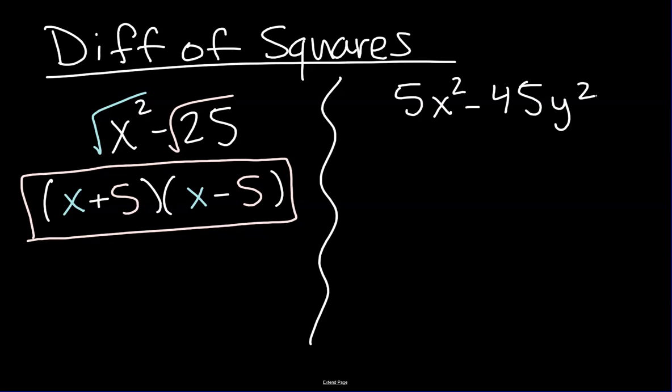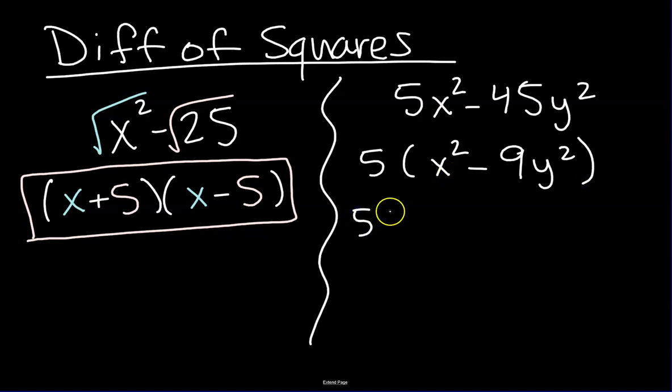My issue is that 5 and 45 are not perfect squares, but I also recognize that I can divide 5 out of both of these pieces. So if I actually factor 5 out and move it to the front, I'm left with 5 times x squared minus 9y squared. Now I have a difference of squares left over inside my parentheses.